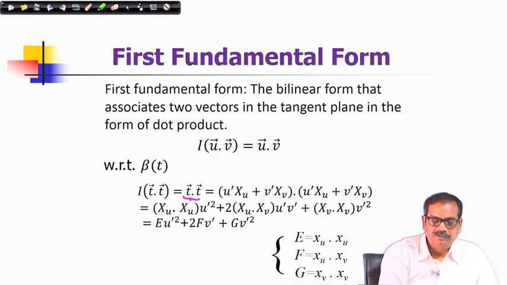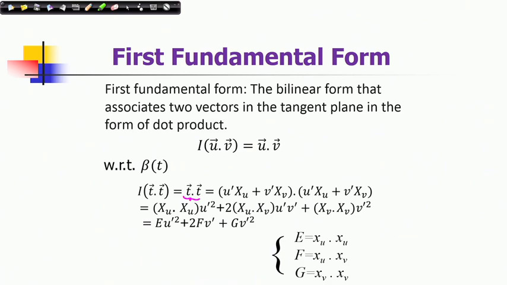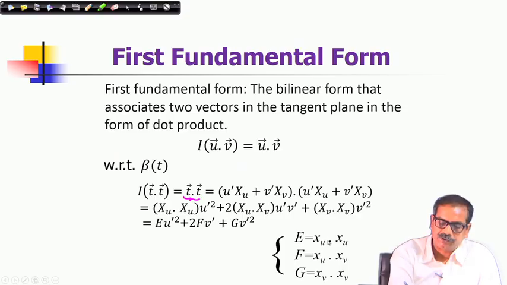You note that the parameters capital E, capital F and capital G, which characterize the first fundamental form, are expressed as dot products of the corresponding partial derivatives of the surface point with respect to u and v.